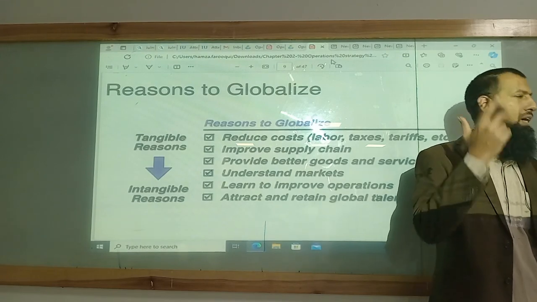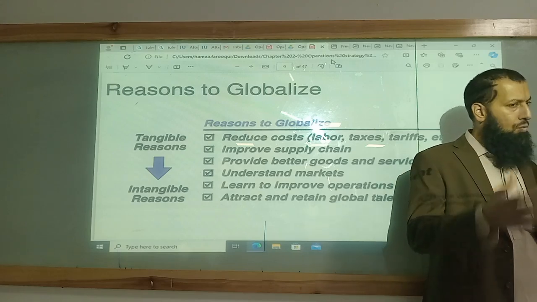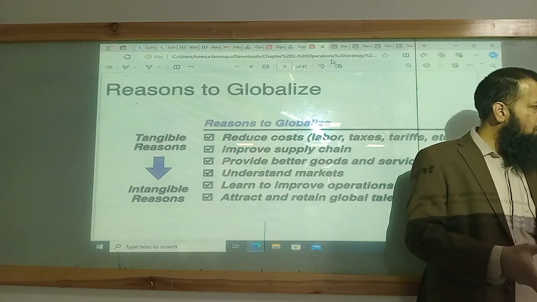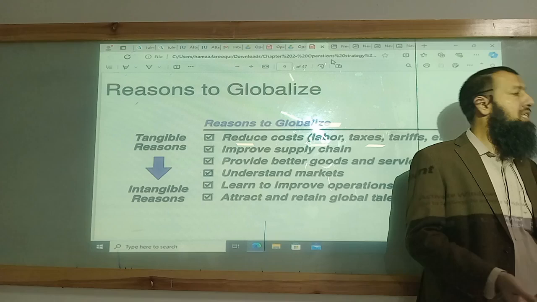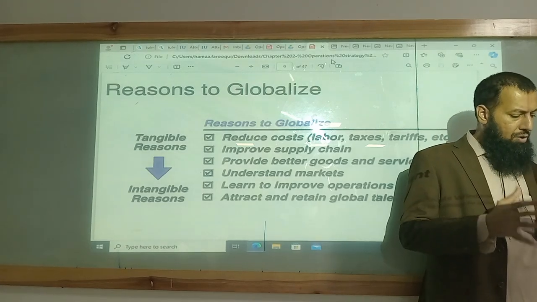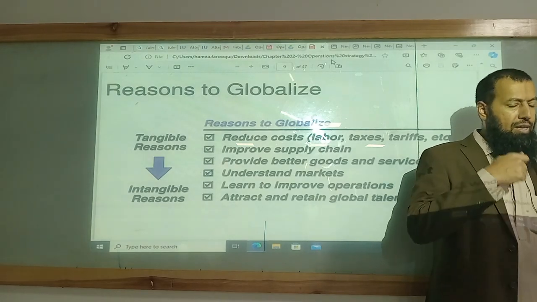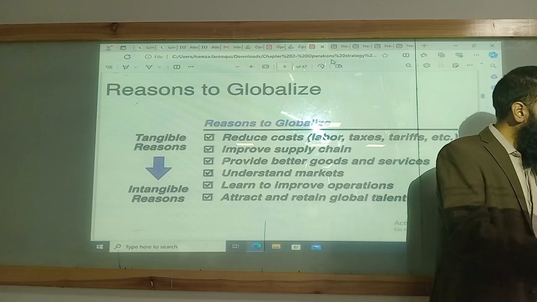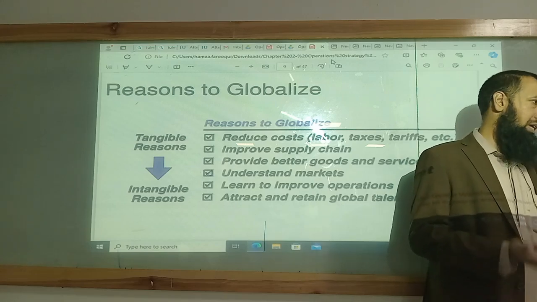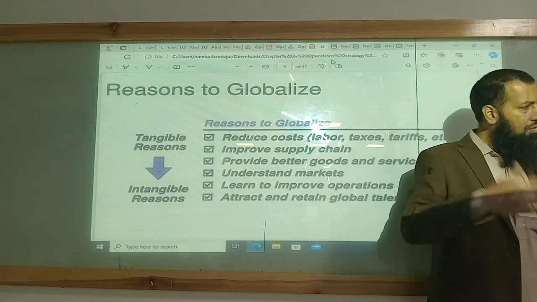For example, if electricity is cheap over here, whatever this facility produces will be cheaper compared to other parts of the country. So countries reduce the taxes, and when companies have to pay less taxes, the per unit cost of the product is less. Got it? Influx means the coming of people.